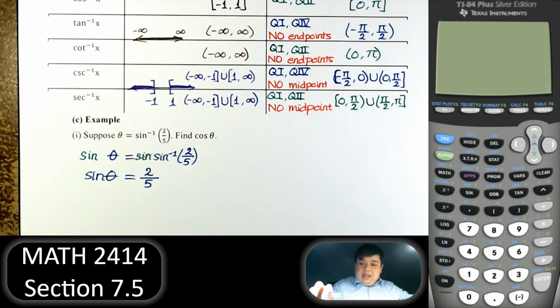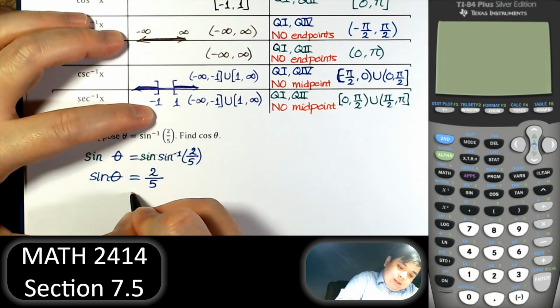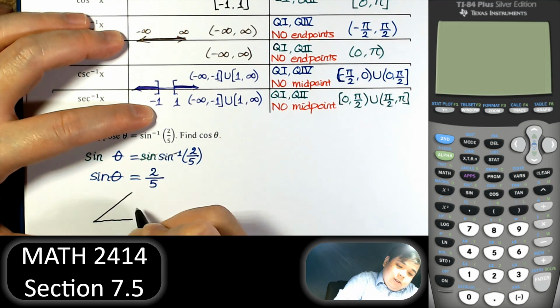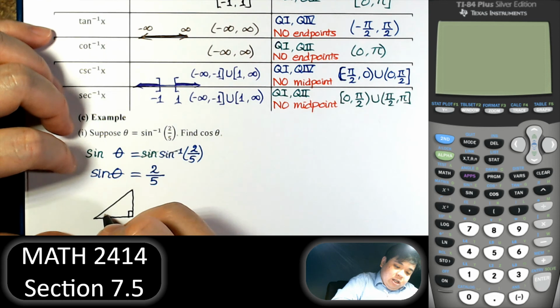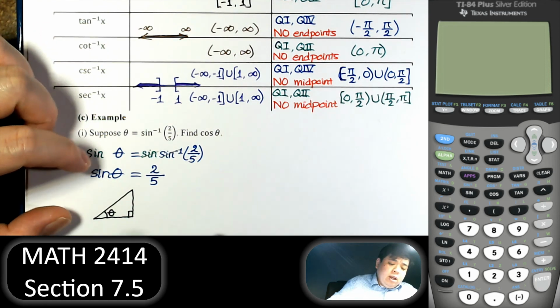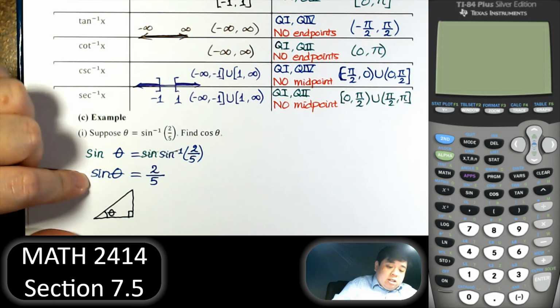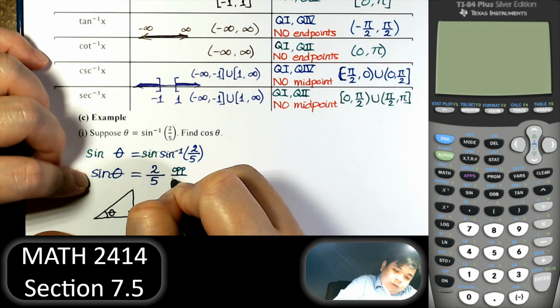Now, this is just trigonometry. We're going to draw a triangle, a right triangle where theta is the angle. Right. Now, this sine is opposite over hypotenuse.